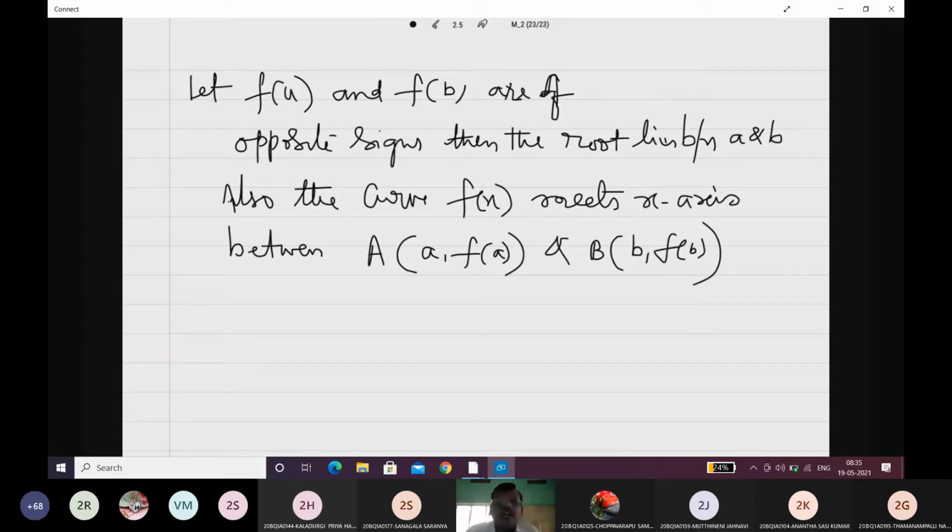Now we can find the chord of AB. What is the two-point form? Anyone? What is the equation of the line, the equation of the chord, in two-point form? Suppose x1, y1 and x2, y2 are the two points.